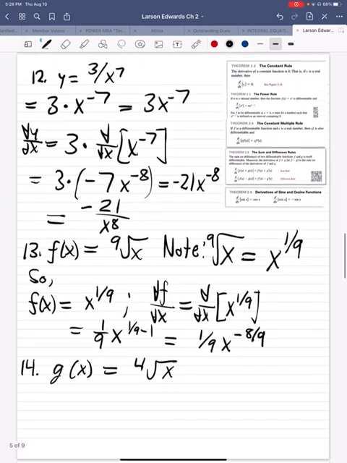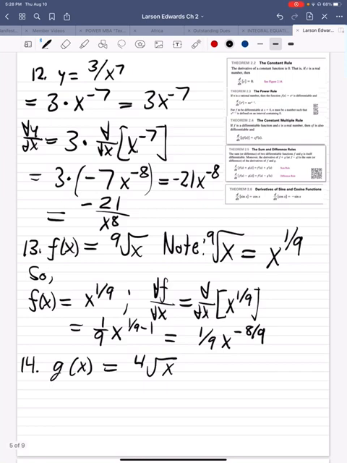So for the next one, g of x is equal to the quarter root of x. How would you simplify this? Remember that when it was the ninth root, we put the power as 1/9. So in this case, the quarter root of x is the same thing as x to the 1/4.